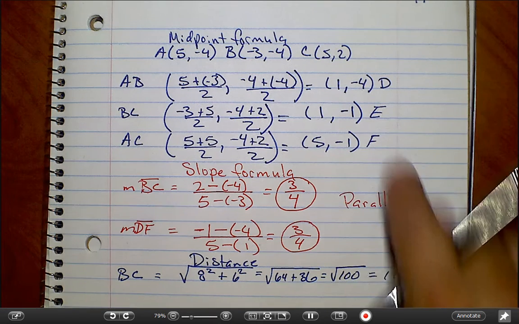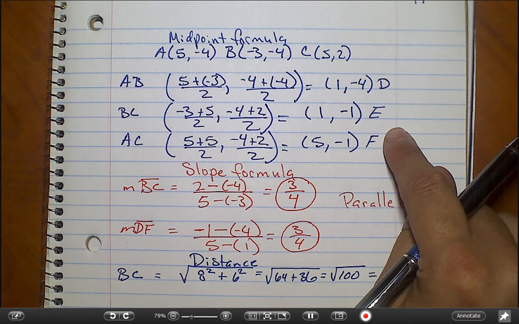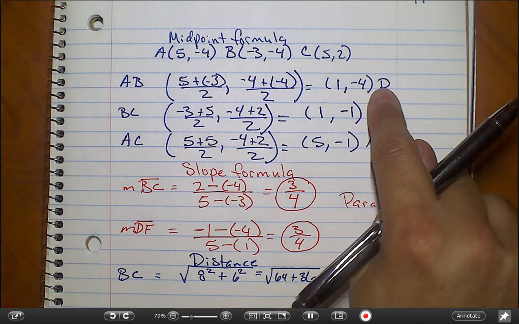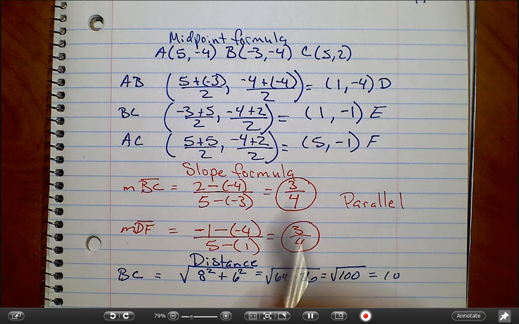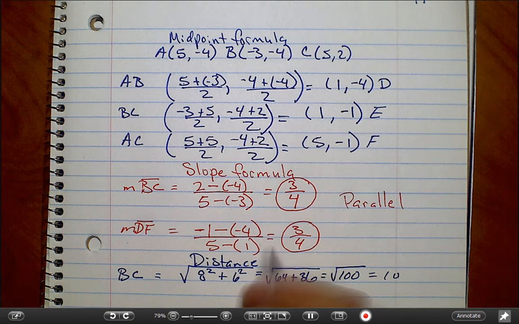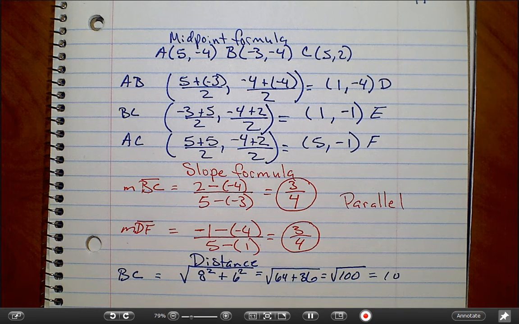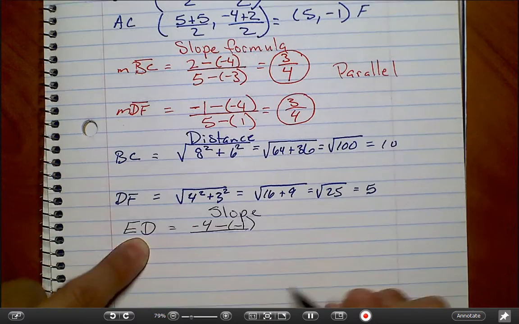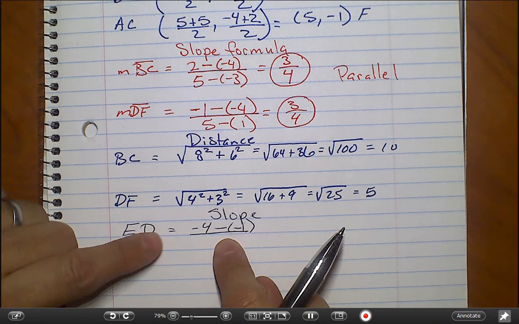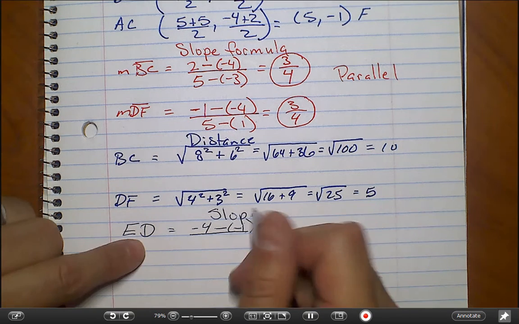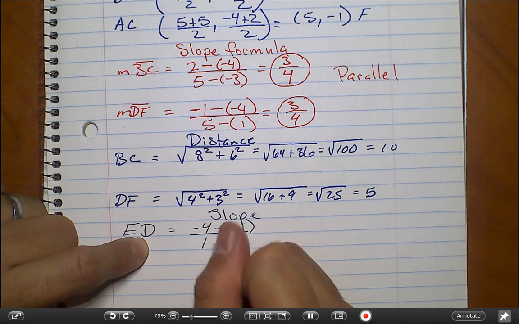So if I'm doing ED, that's going to be -4 minus -1 over, what are my x values? 1 minus 1?